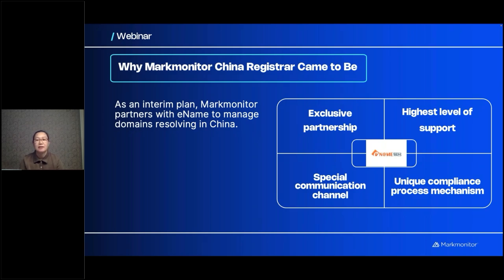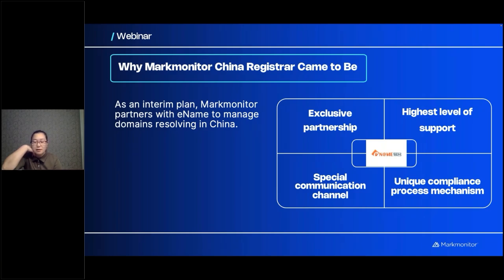And eName even designed a very unique compliance process mechanism, because from my understanding, when eName receives compliance emails or notices, they will just take action immediately, either to suspend domain names or forward the notice to the registrar and take action. But for all Markmonitor domain names, they will notify Markmonitor first.